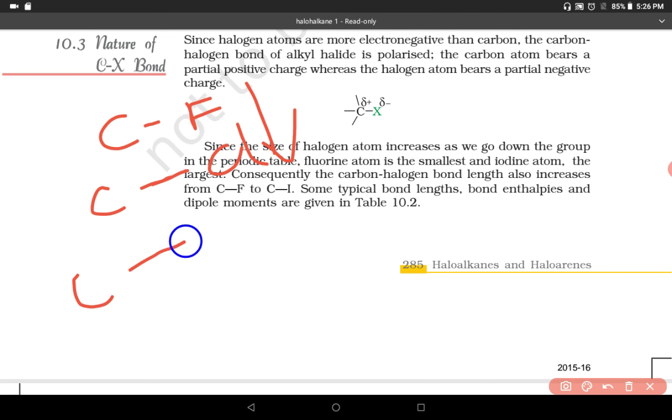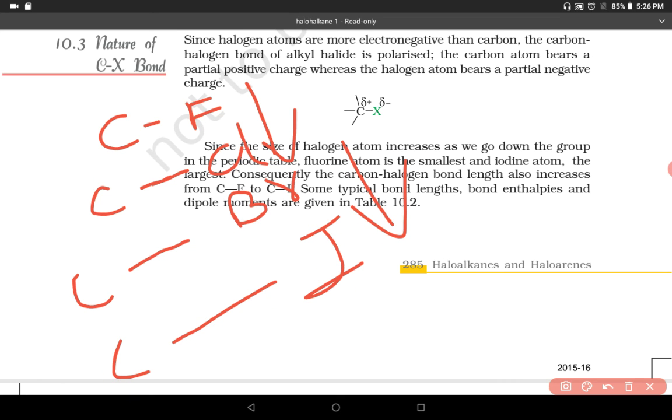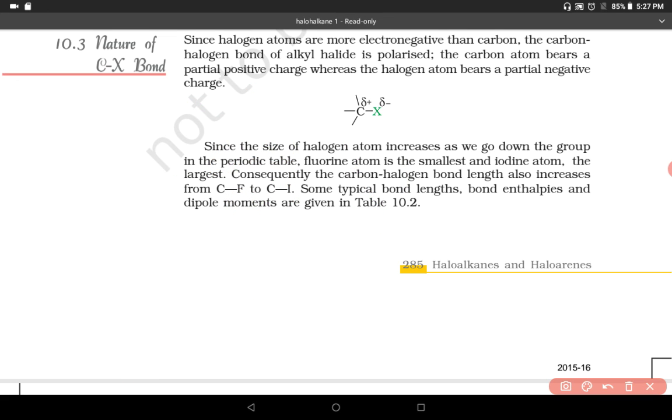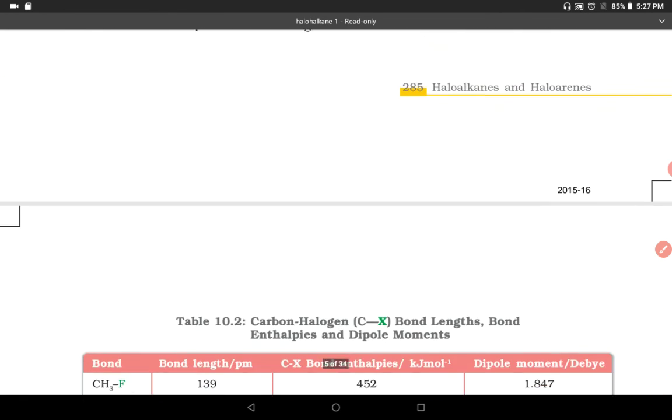You can look at here, the bond length is increasing. Some typical bond lengths, bond enthalpies and dipoles are given in table 10.2. Consequently, the carbon halogen bond length also increases. Okay, we are moving to next.